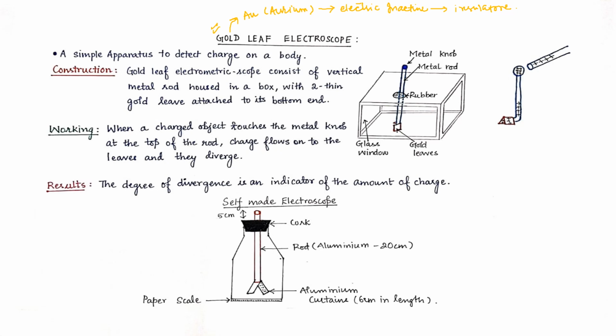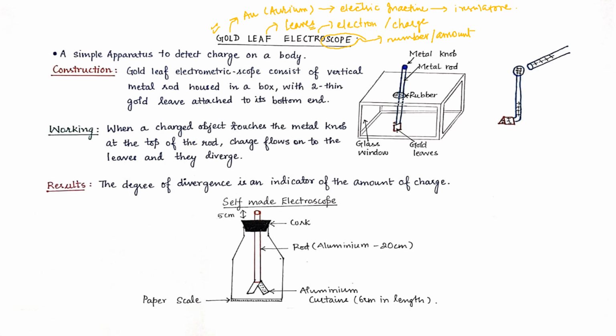So gold leaf implies what? Leaves. You have seen the trees, they have leaves, right? So leaf is that leaf kind of structure. The gold is turned into a leaf-like structure. And electroscope: electro implies something related with electrons or charges, and scope tells something which deals with number or amount.